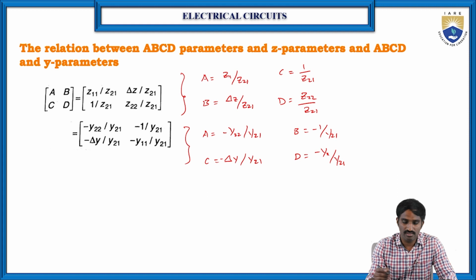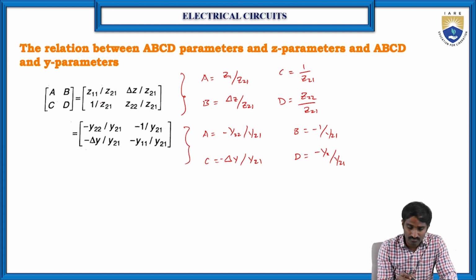So if you observe these two, we just need to interchange the diagonal elements, and also change the sign, then you can write the relation between the ABCD and Z parameters and ABCD and Y parameters.